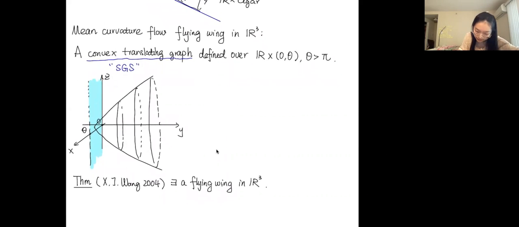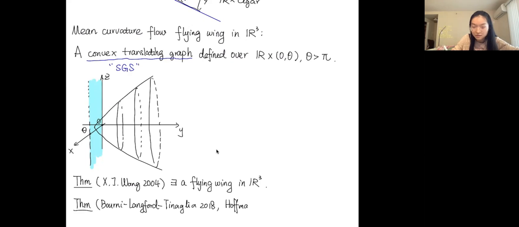And then more recently, in 2018, just before the pandemic, this existence result was generalized to a more complete result. It was shown independently by Bourni, Langford, Tinaglia, and around the same time by Hoffman, Ilmanen, Martin, and White.